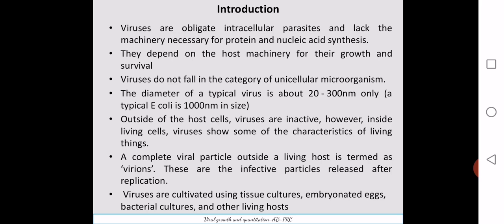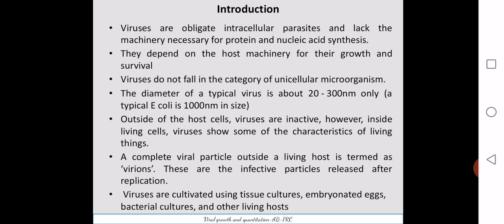And thus, new viral particles will be produced. These newly synthesized viral particles released from a host cell are now called virions. These are the freshly released viral particles, not attached onto a host cell, called virions.